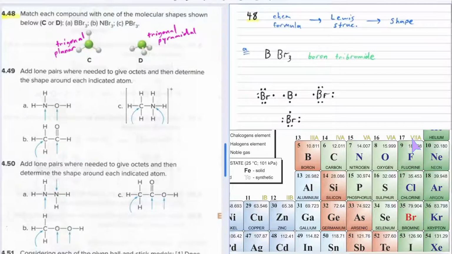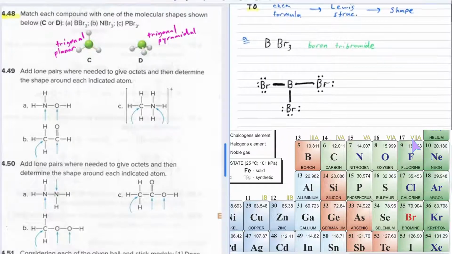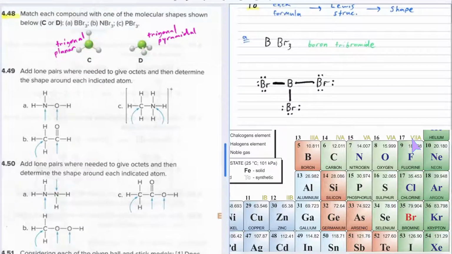Let's go ahead and connect the bonds. So there's the first one, there's the second one, there's the third one over here. And that's the structure. Now, what is the shape of this? So what is the shape of the central atom, the geometry?